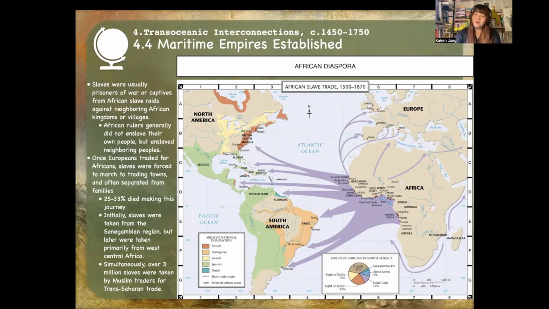This is a map of the African slave trade between 1500 and 1870. So you can take a closer look at that and just envision the number of people that were forcibly moved from their homes to provide exploited labor on the plantations of these foreign lands.